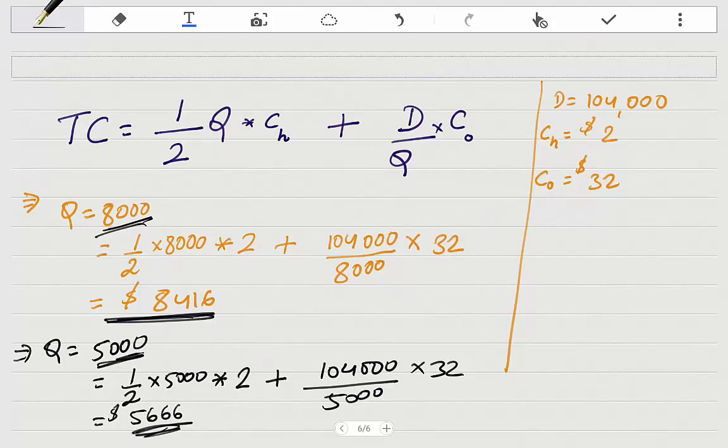So are we going to do it with every Q possible and find out which one will be the lowest? That would be pretty tedious, right? So the trick is this. The reason behind this trick is a little bit complicated, and I'll leave that for the time being and maybe explain it another time. But the idea is you want to find the Q such that your ordering cost is equal to your holding cost.